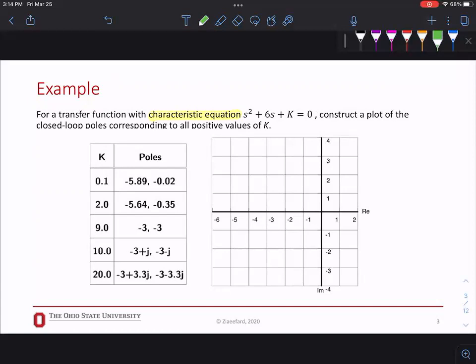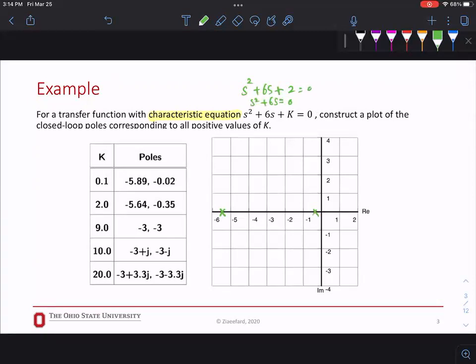Now for K 0.1, my pole is going to be at negative 5.8, and negative 2. Basically I put here 0, I put here 2. So I'm changing my equation, right? That's why the poles are going to be different. This is s squared plus 6s equal to 0.